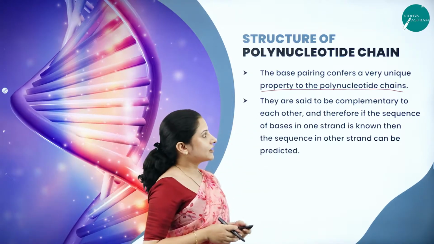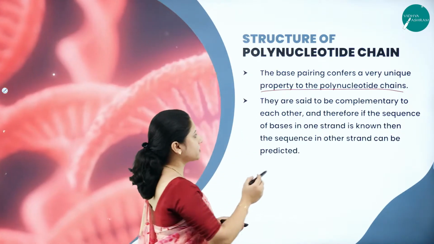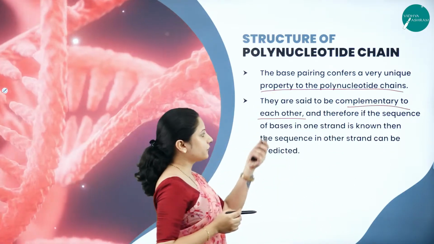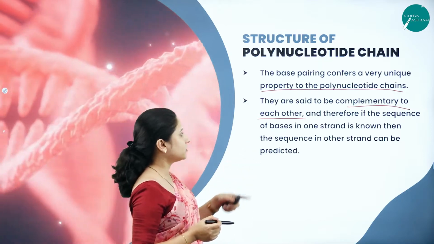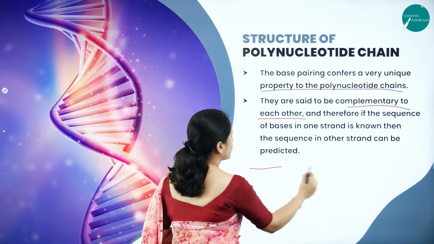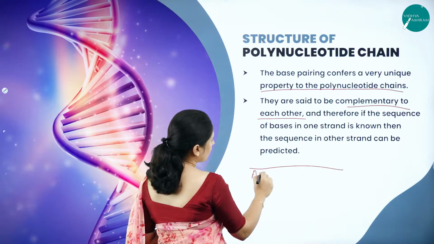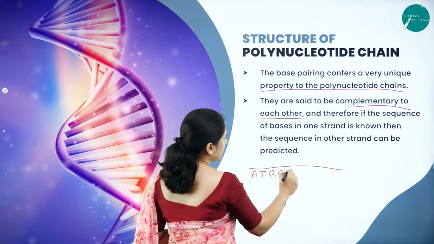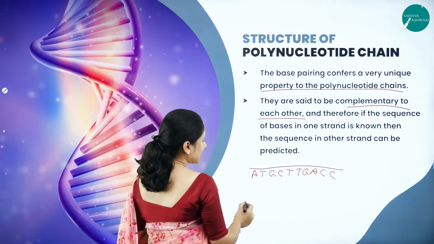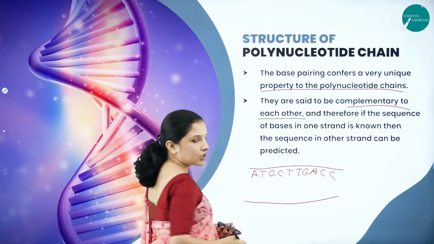So the strands are said to be complementary to each other, and therefore, if the sequence of bases of one strand is known, then the sequence of the other strand can be predicted. That is true, right? Say for example, I'll write a sequence here: A, T, G, C, T, T, G, A, C, C. Now I can easily predict the sequence of the other strand.